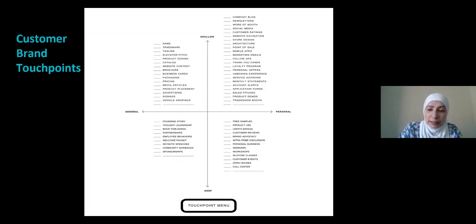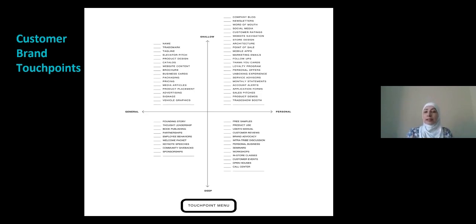The researchers here identified the touch point menu, they call it, where there is a range between deep meaning and involvement with the audience to shallow: just informative or just first attraction, and from the general social one into the quite personal, attached to the self.